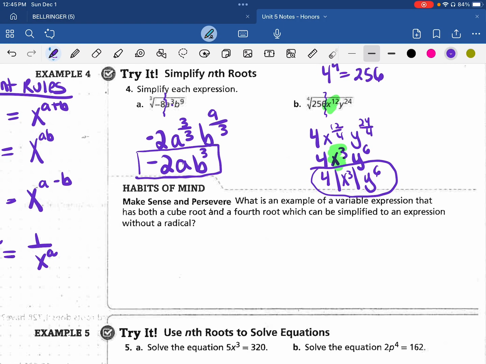What is an example of a variable expression that has both a cube root and a fourth root, which can be simplified to an expression without a radical? Well, since you divide roots and powers, then you would need something that has a power that's divisible by both 3 and 4.